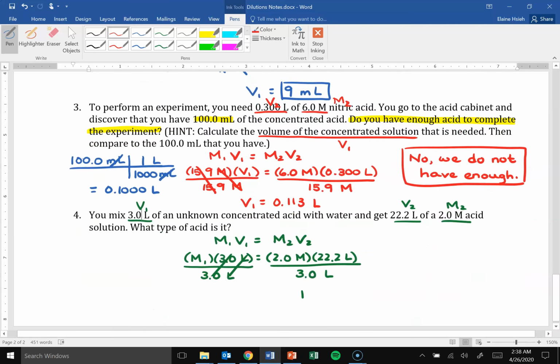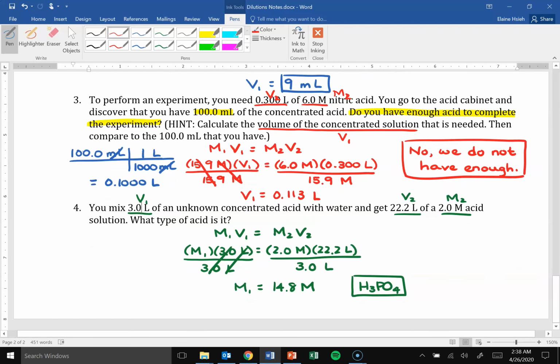Now let's look at number 4. In number 4, it says that we have 3.0 liters of an unknown concentrated acid, and that is mixed with water. So 3.0 liters is V1. And in the end, after mixing with water, we get 22.2 liters and 2.0 molar. So V2 is 22.2 and the 2.0 is M2. And it's asking us, what type of acid is it?